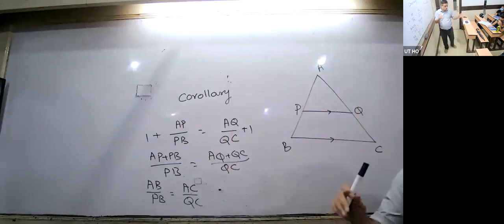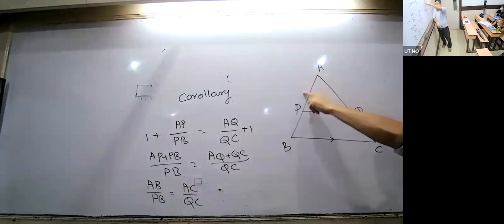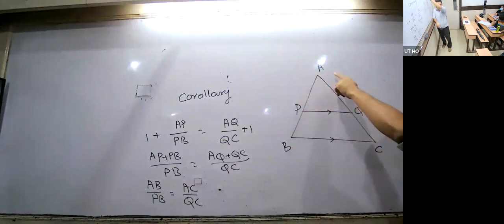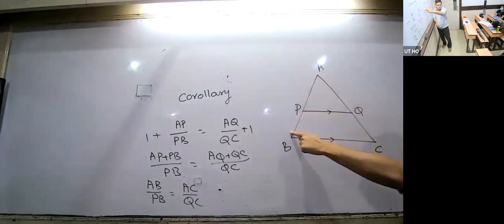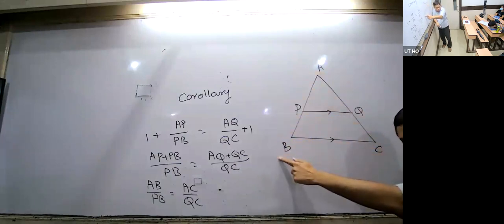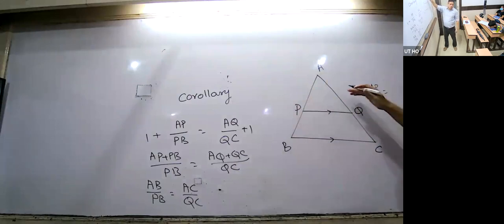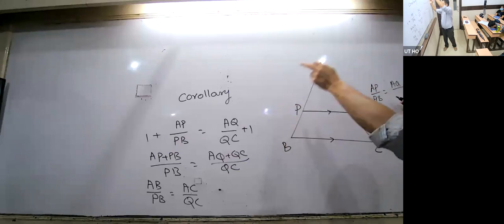It's easy to remember. Look here. AP's corresponding part is AQ. BP's corresponding part is QC. AB's corresponding part is AC. Whichever ratio you take, if I take AP upon AB, it will be equal to AQ upon AC.